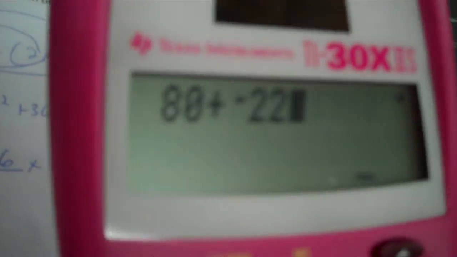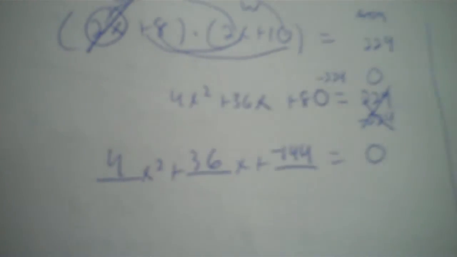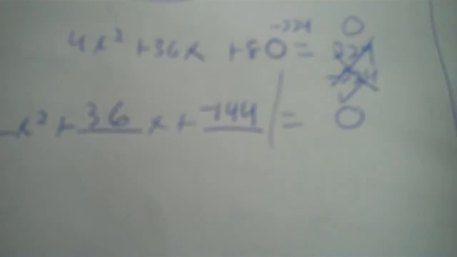Now, if you put it under it, you just go 80 minus 224. If you put it beside it, you take 80 and you add negative 224. It's the same thing, okay? Okay, now you're good. You see three, now your zeros are there, you can check it, and there'd be three terms.